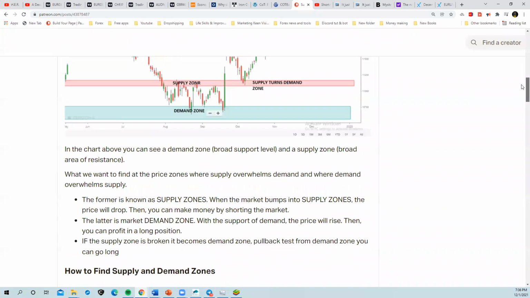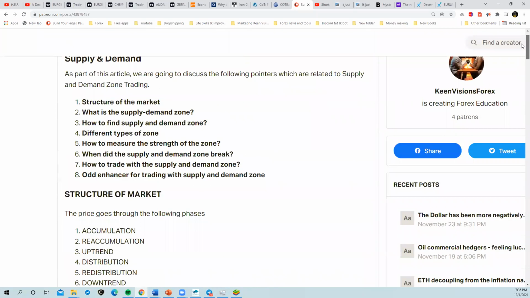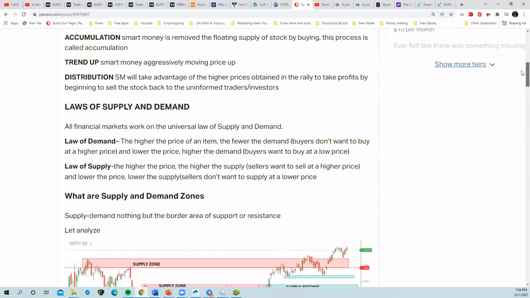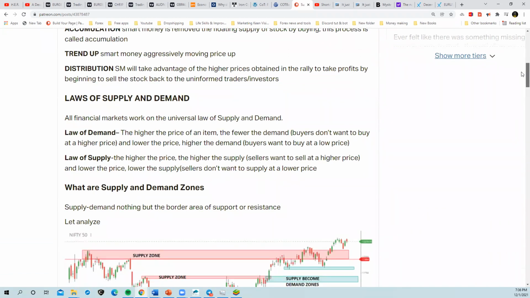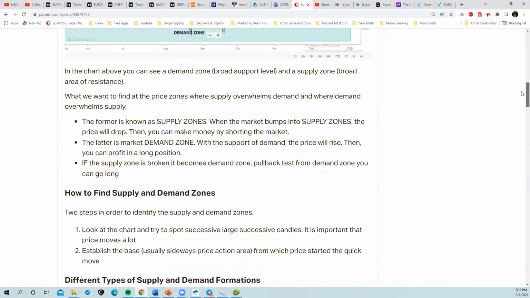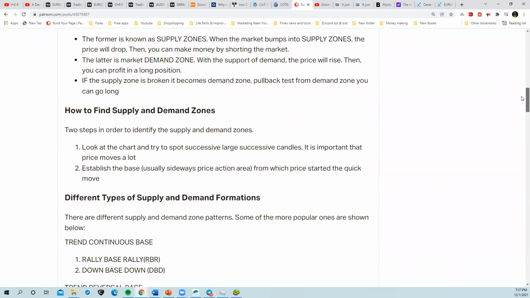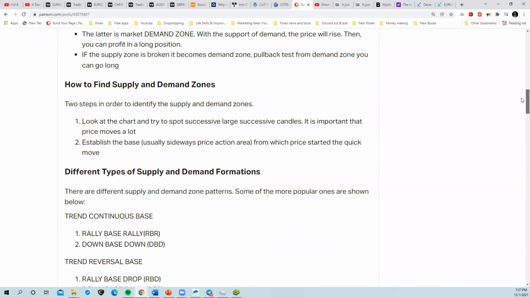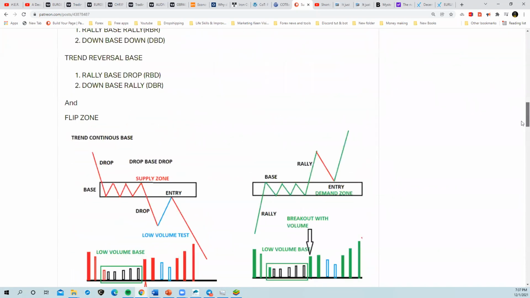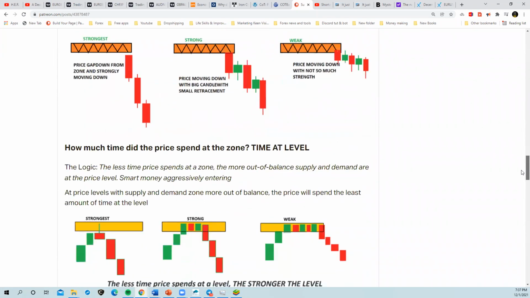So that generally is going to be an engulfing. Yeah, so we look at it, we just want to spot successive large candles. It's important that price moves a lot. So that's just basically going to be my engulfing coming out of the supply zone.